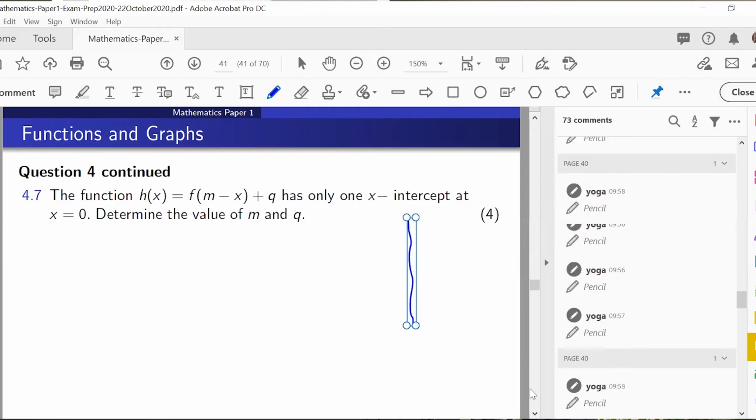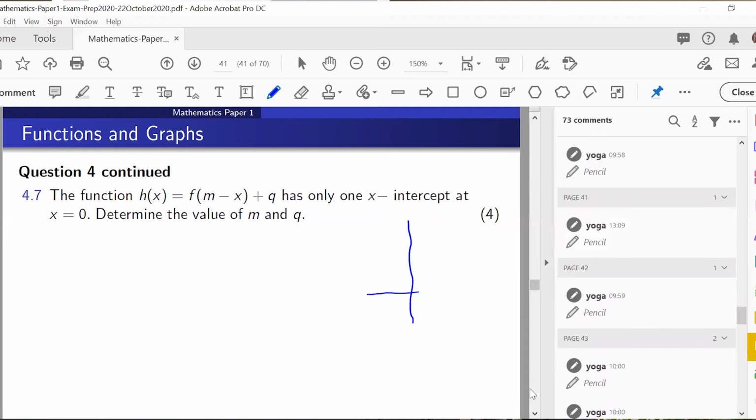If it occurs at x equal to 0, it tells us that this is how the graph looks. That is the graph of h.